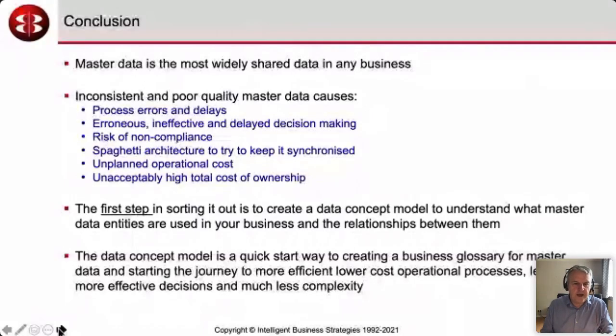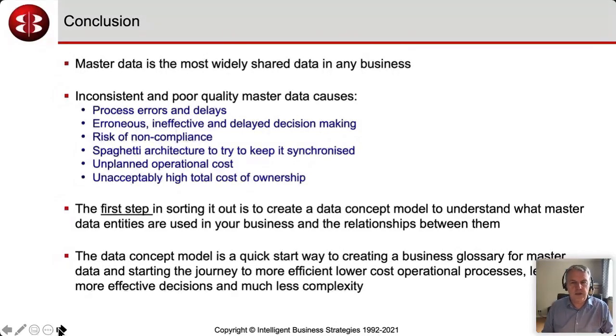And if we have inconsistent, ungoverned master data, it will cause process errors, it will cause delays, it will result in unplanned operational costs, which can spiral out of control if you don't address it. It can result in delayed decisions or inaccurate decisions, which means you're not as effective as you would be, or you miss opportunities. It could potentially result in non-compliance.